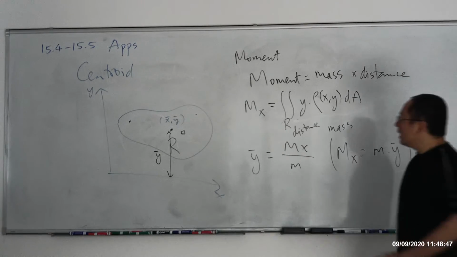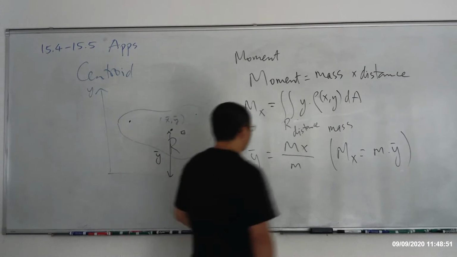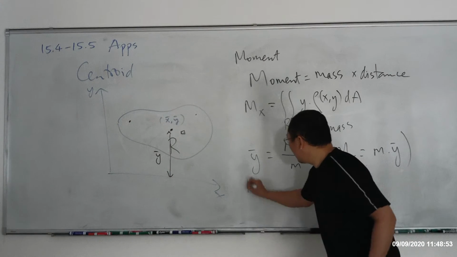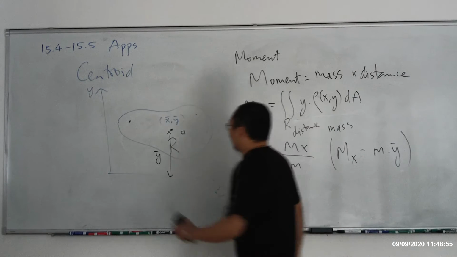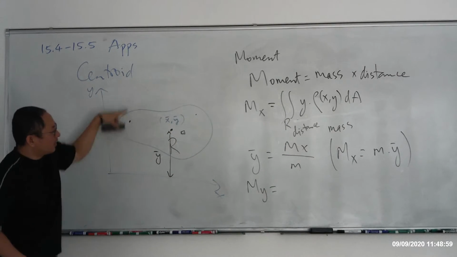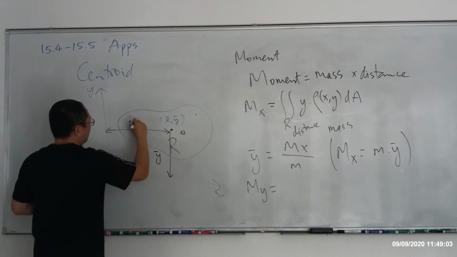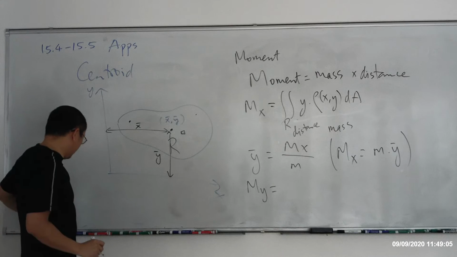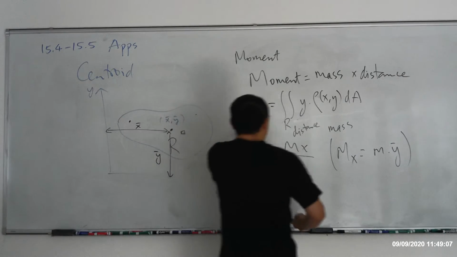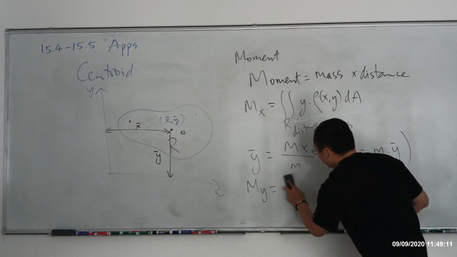And similarly, you can calculate My. I need some room to write. Right, so big right here. So My is now you're standing right here. Okay, and your book is right here, and this is going to be x bar. Very similar to this formula right here.